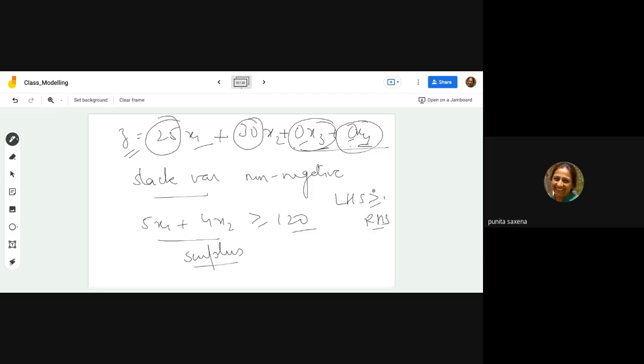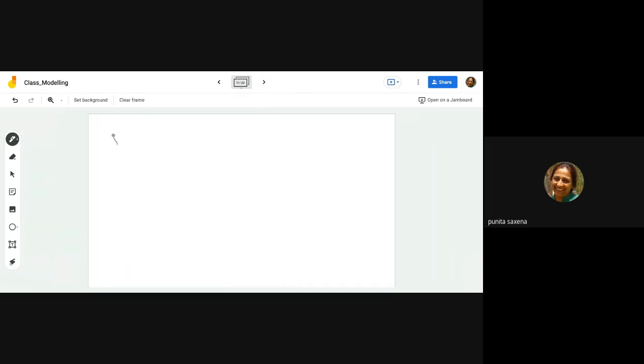So to make them equal, what should be done? Some variable should be subtracted from the left hand side. So in that case, when we introduce a variable, I would have written plus 4x2 minus x3, whatever it was, equal to 120, because my left hand side was greater.